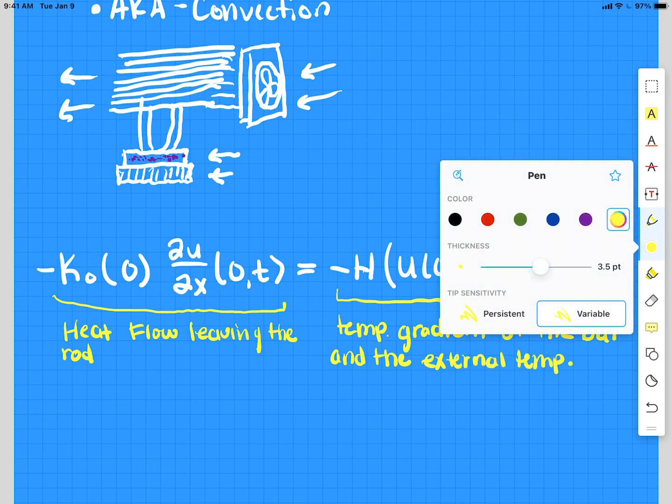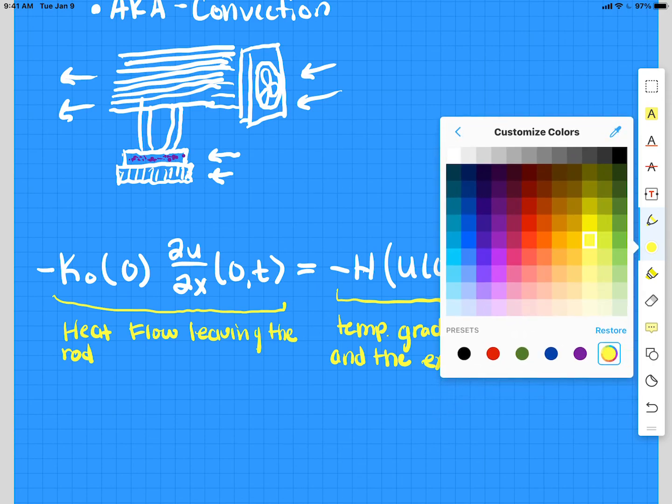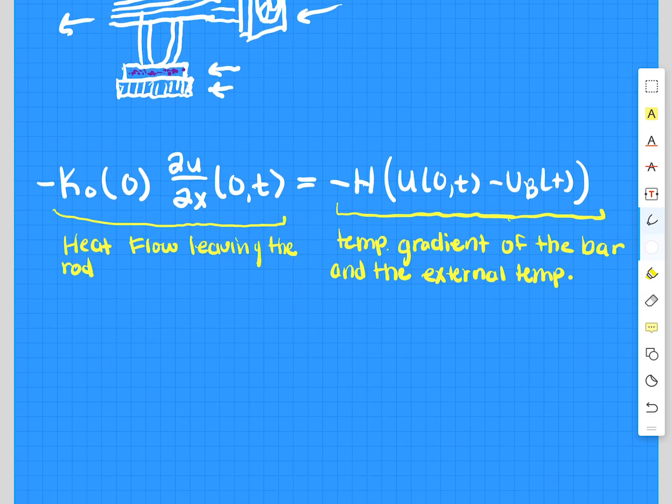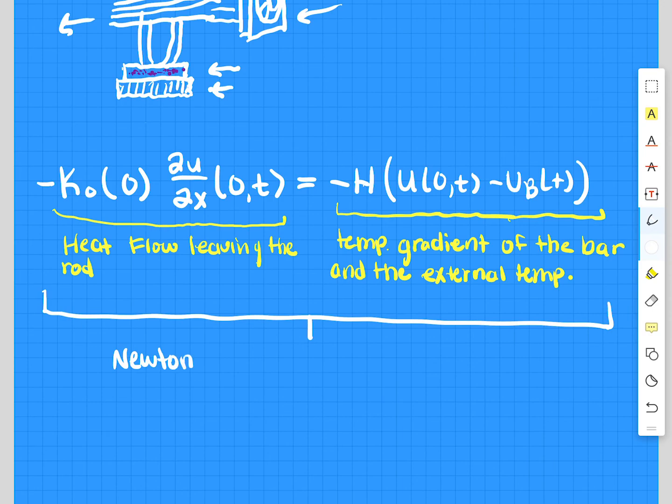Okay? So let's go back to our original color here. All right. So believe it or not, this equation here that we have is actually a more generalized version of Newton's law of cooling.